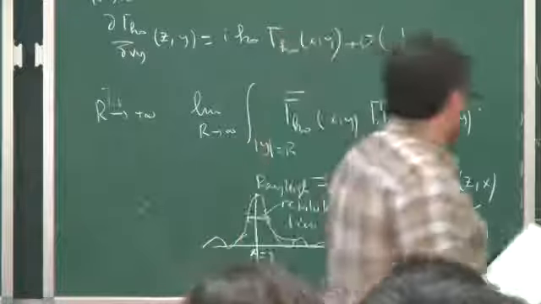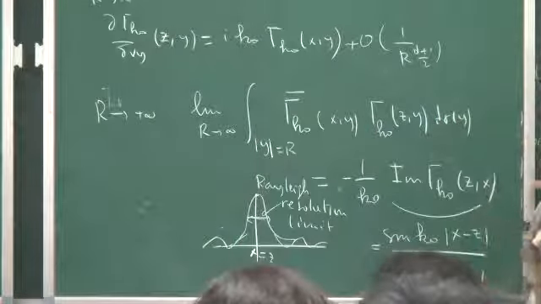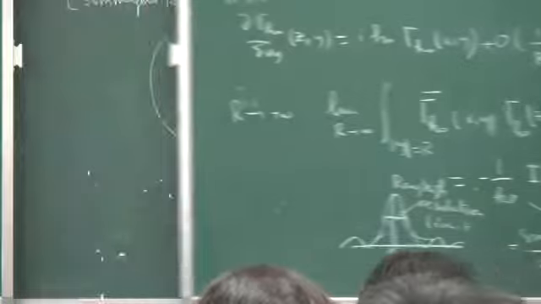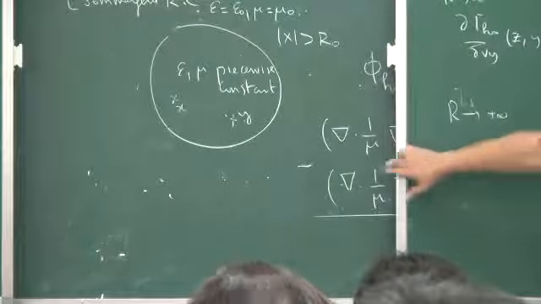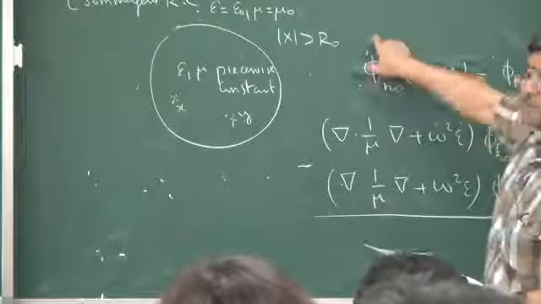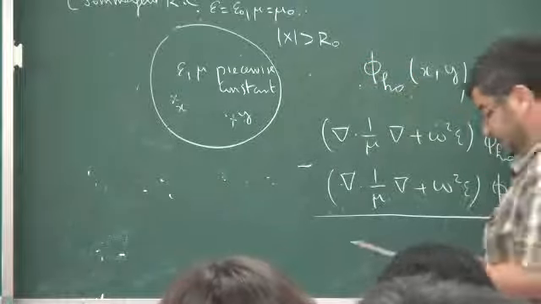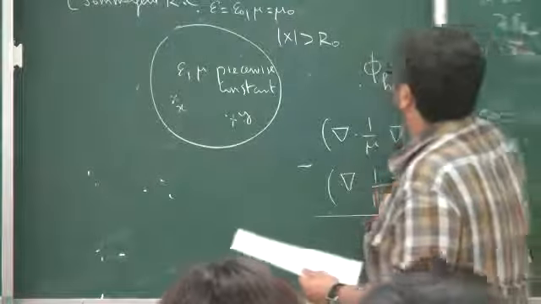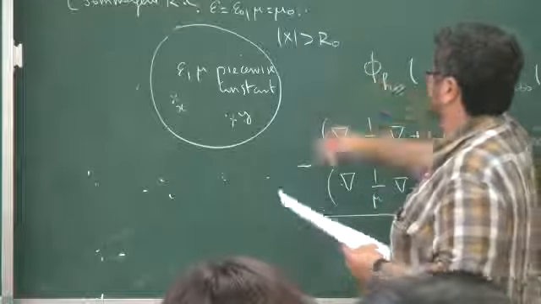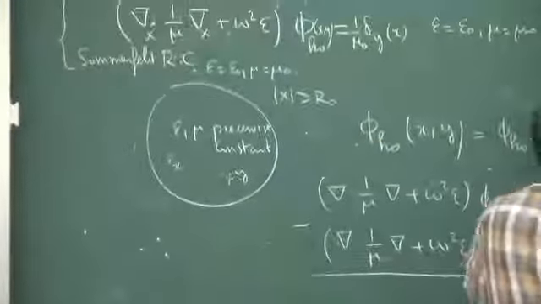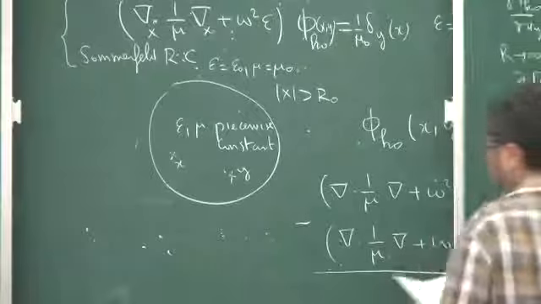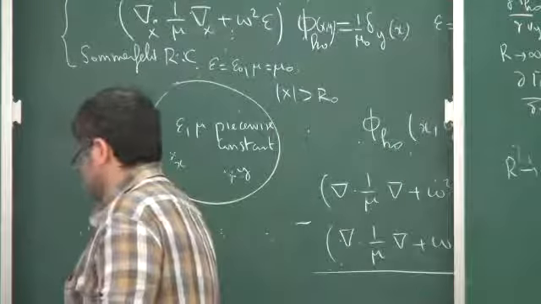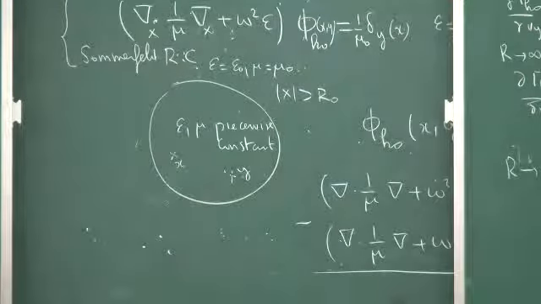So the question is, does this hold for this function? Yes, we have the same. We define phi k0, the Green function in the inhomogeneous medium, and the Helmholtz-Kirchhoff identity says that this is true.